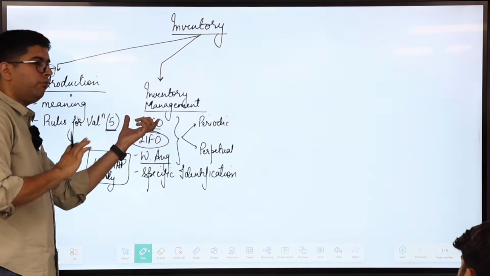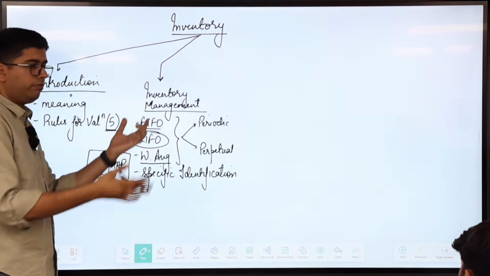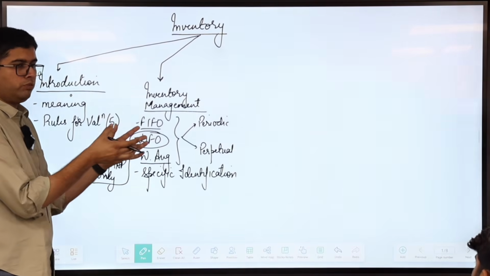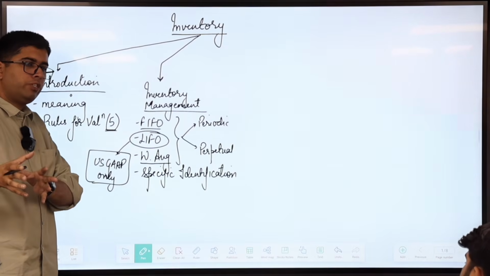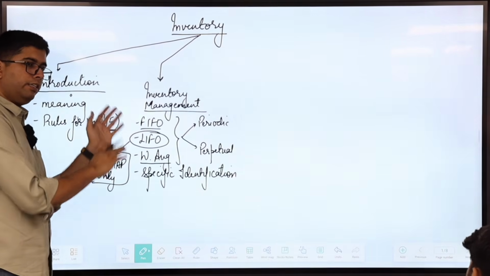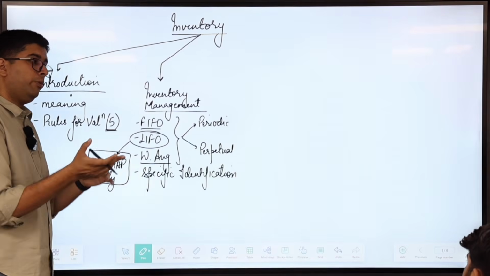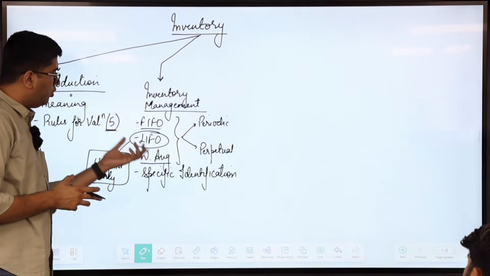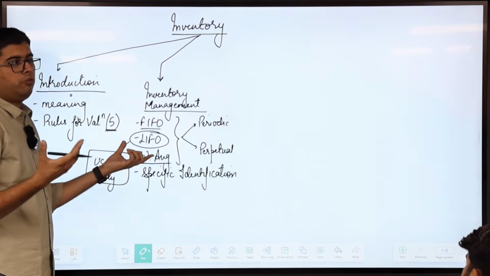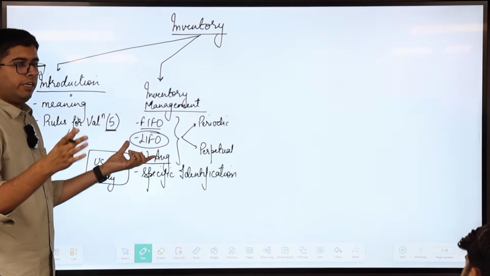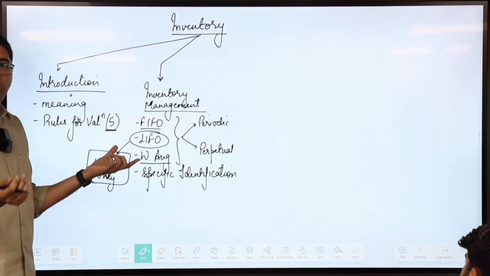See, FIFO is on one extreme end of the calculation, where we assume that all the old goods will be sold first. So my latest purchased goods will be part of my stock. LIFO goes the exact other end, that my recent goods will be sold, so my oldest goods will be in stock. The whole idea of weighted average is to find a middle ground, that when I'm selling the goods, I'm not really keeping track of whether I'm selling my oldest goods or latest goods.